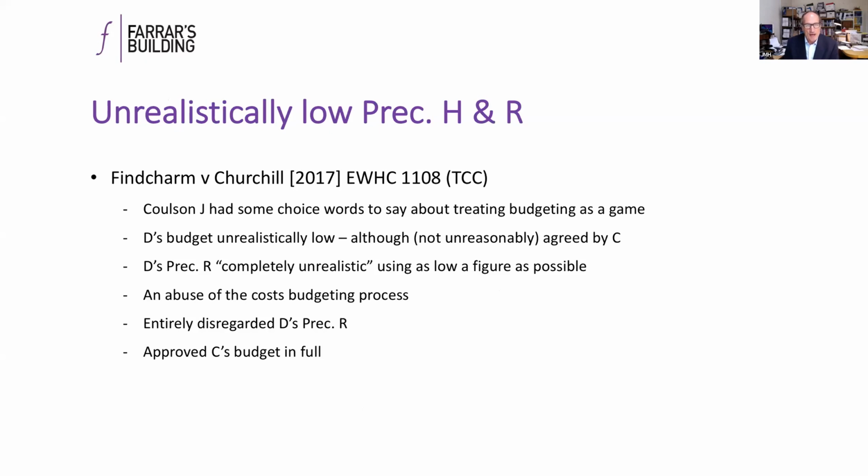Well, you do stand the risk, of course, of a rather trenchant outcome, as was the case in Fine Charm against Churchill, where the judge considered it to be so unrealistically low, both in terms of H and R, that he took absolutely no notice. In actual fact, Coulson J, as he then was, simply approved the claimant's budget in full. So not a very helpful outcome.